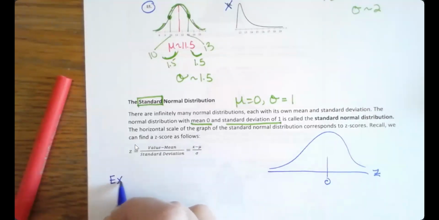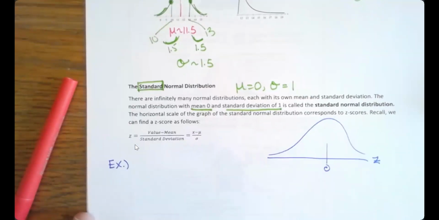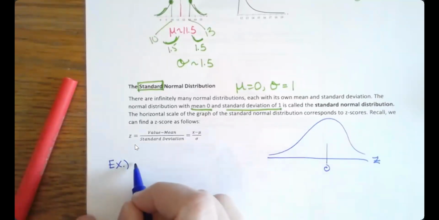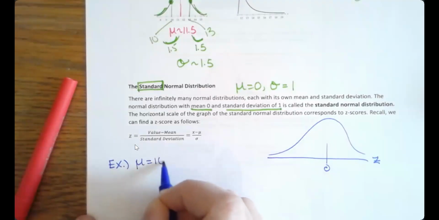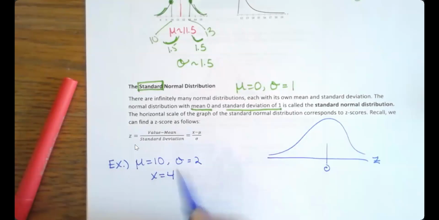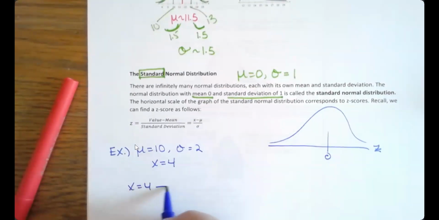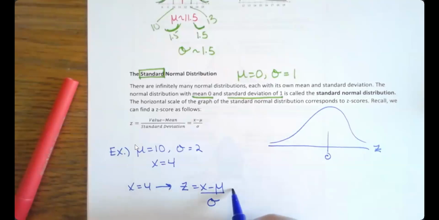So for instance, let's say you have a data problem and you collect some data and you do some calculations and you find that the mean was 10 and the standard deviation was 2, and one of the X values is 4. Well, we can make this into a z-score by using this formula. I take the X value and subtract the mean and divide it by the standard deviation.